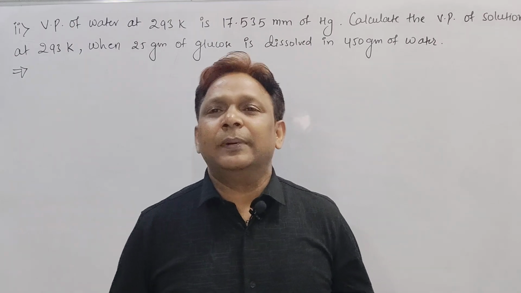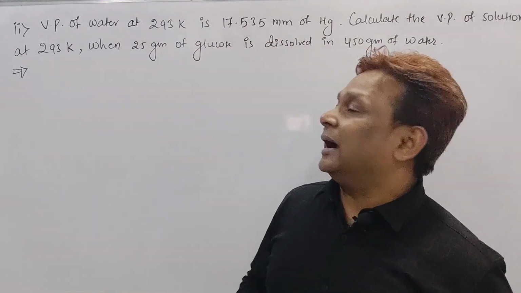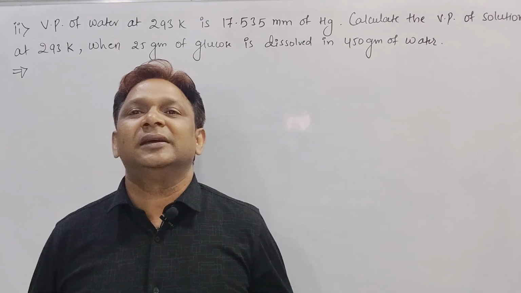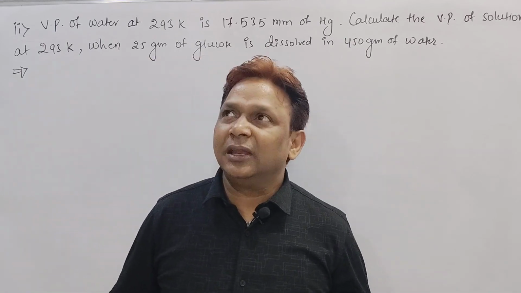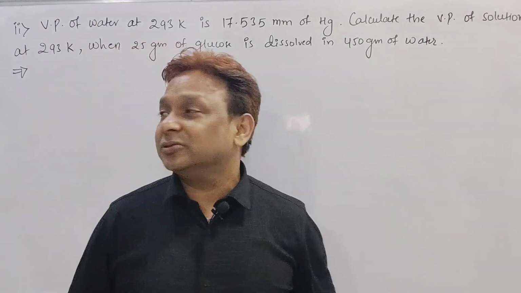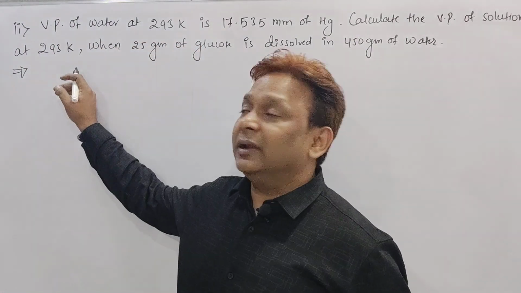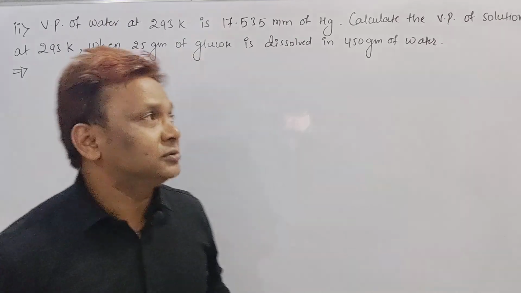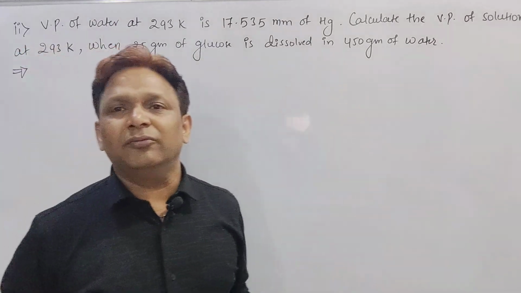The vapor pressure of water at 293 Kelvin is given as 17.535 mm of Hg. Calculate the vapor pressure of the solution at 293 Kelvin when 25 gram of glucose is dissolved in 450 gram of water.